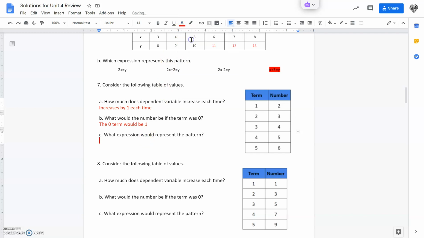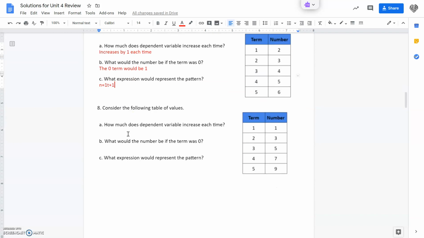We'll say n for number equals, what does it go up by each time? It goes up by 1 times the term, which we'll say t, plus the 0 term, which is 1. Okay, so we're using the values from A and B. What is the increase or decrease? That's what's being multiplied by the t, and the 0 term is what's being added to the t.